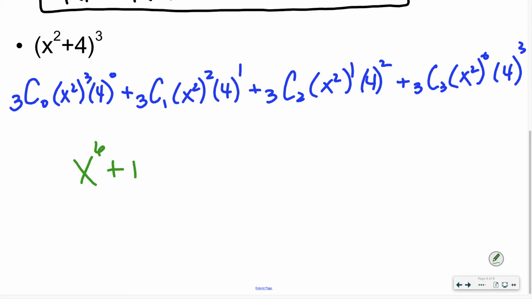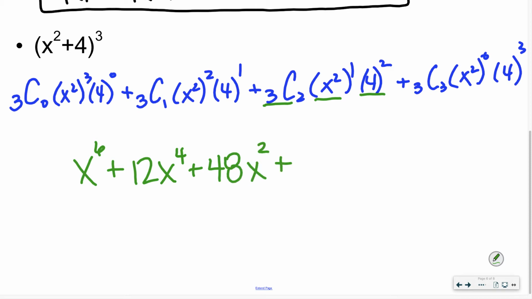We can do that calculation. That's 12x to the 4th. And then I know that this is 3 times x squared times 16. What's 3 times 16? So we have 48x squared.